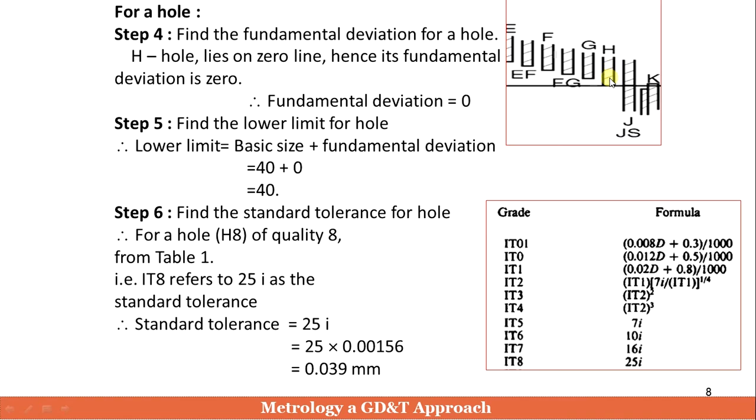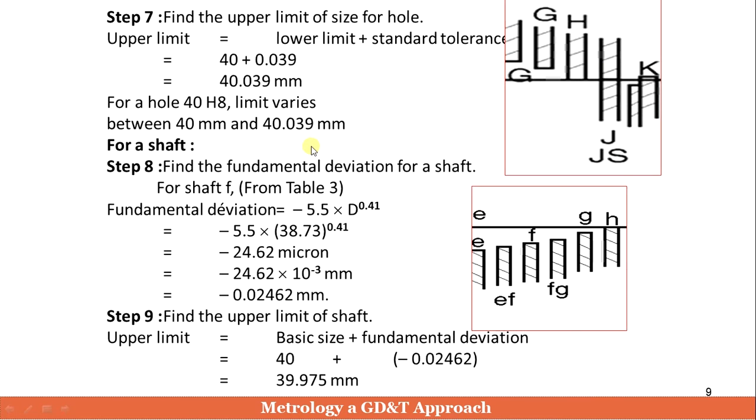If we try to understand what exactly I, the standard tolerance, means, it is nothing but the total height of a block. So for the H hole, the height of the block will be 0.039 mm. From that we can find out the sizes. The upper limit of this hole will be over here. The upper limit will be the lower limit plus the standard tolerance.